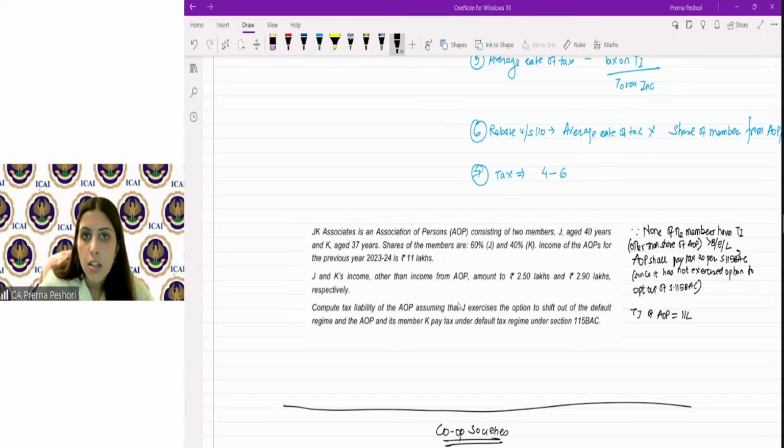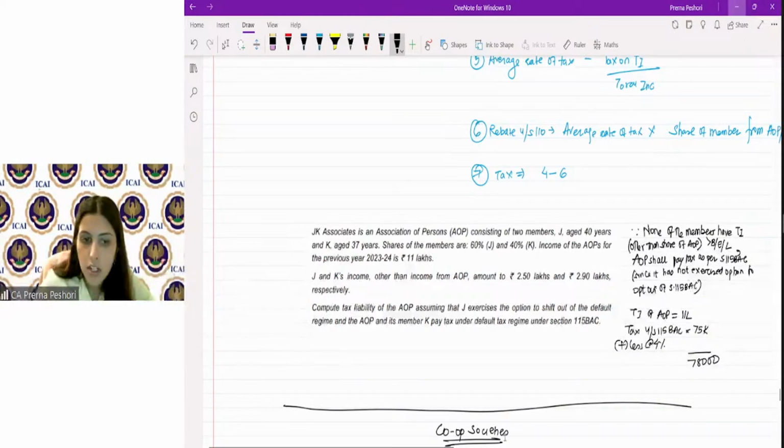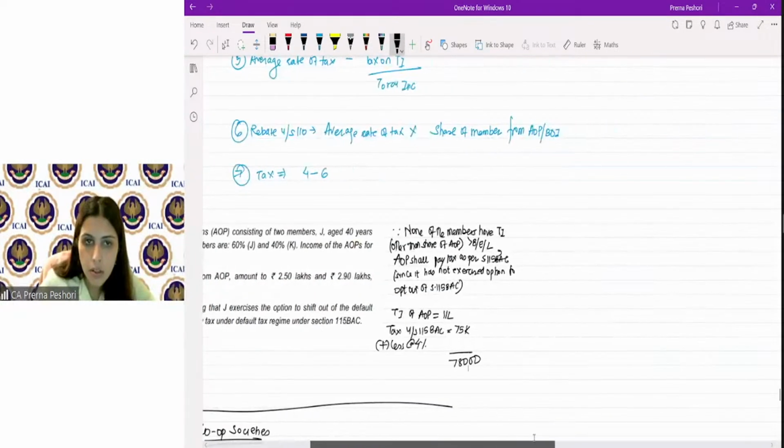Yes. So the tax under section 115 BAC is 75K plus cess at the rate of 4%. So this will give me 78,000. Are we clear? So tax is 78,000.